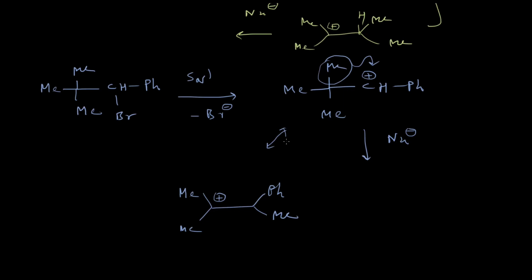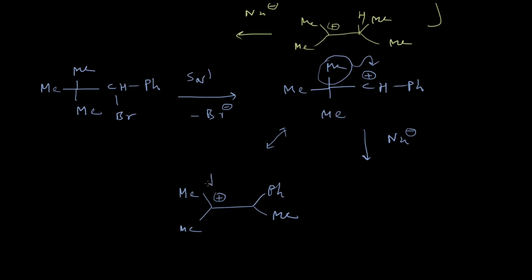Always remember one thing, the rearrangement within the carbocation is taking place due to a driving force. What is the driving force in case of carbocation rearrangement? The driving force is the stability of the new carbocationic species. So if there is no stability gain after the rearrangement, then the rearrangement will not take place.